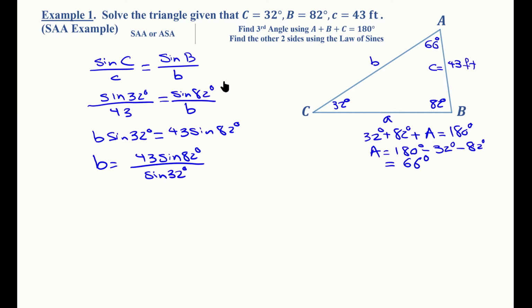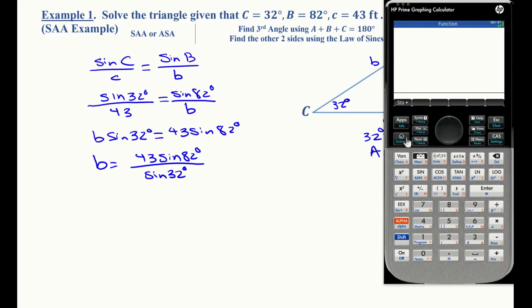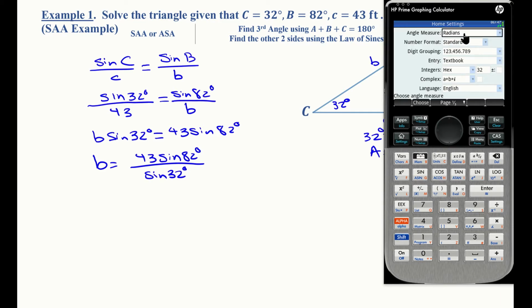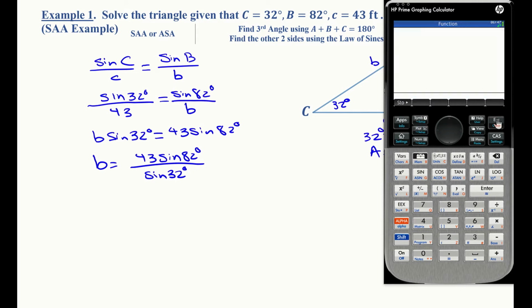We'll go ahead and utilize a calculator for that. So the first thing you want to do, make sure that you're in degree mode. So let's go ahead and check that. As we can see, we're in radian mode, so we need to change that to degrees. Most calculators usually are in radian mode as their default mode, so make sure you check that. So it's a good practice to contain your numerator in parentheses.